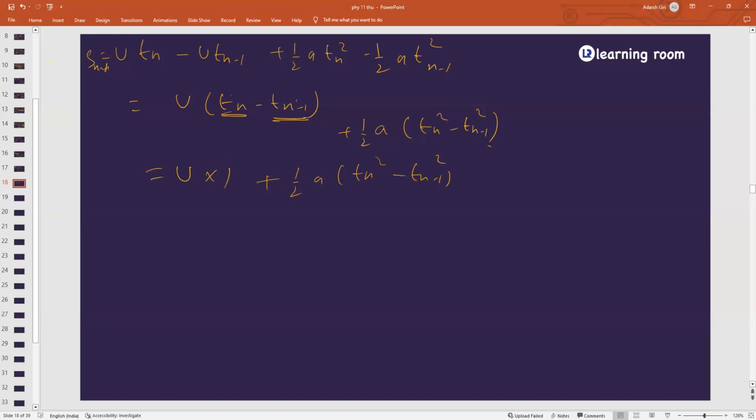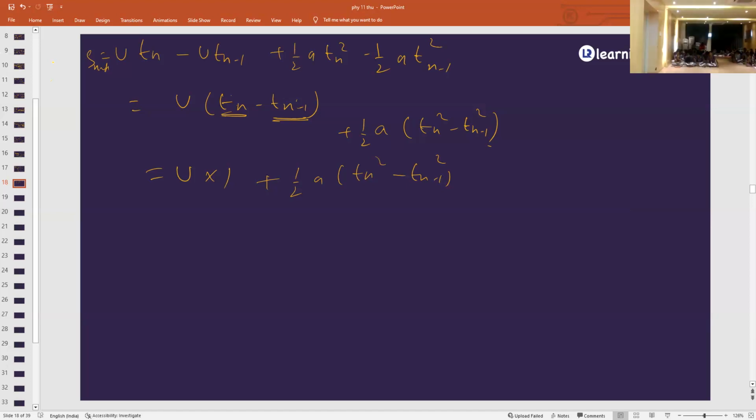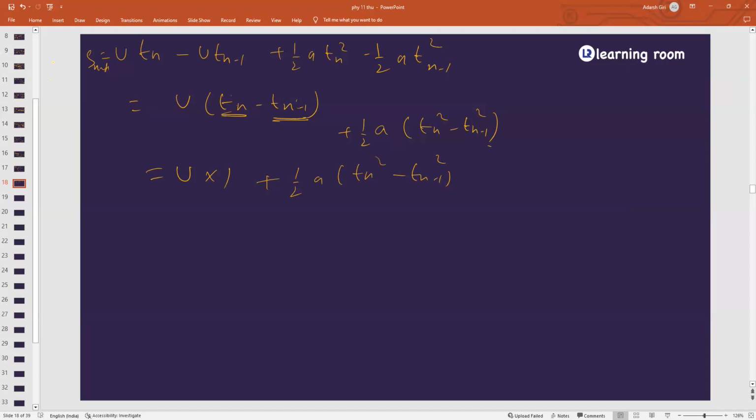Now here, half into a into tn square minus tn minus 1 square, this is what you have to substitute. See here, how do we do that? tn minus 1 whole square is a minus b whole square, a square plus b square minus 2ab, right?